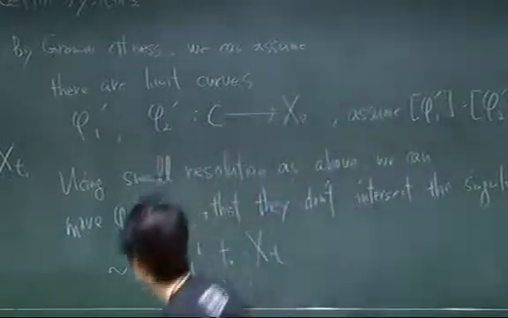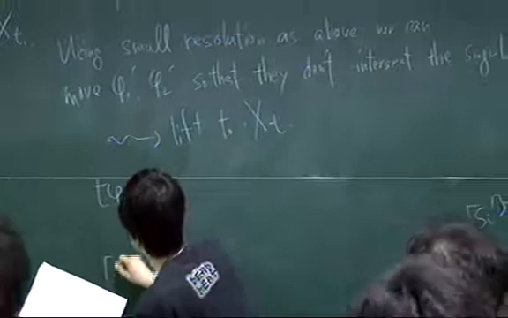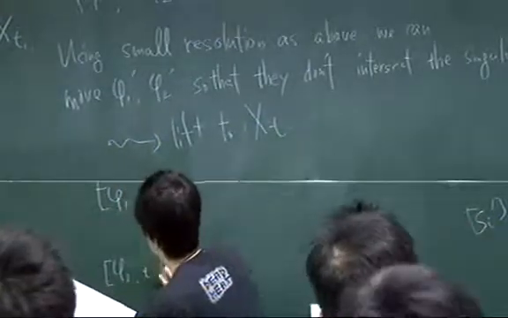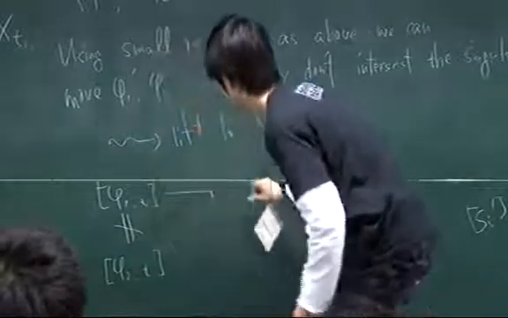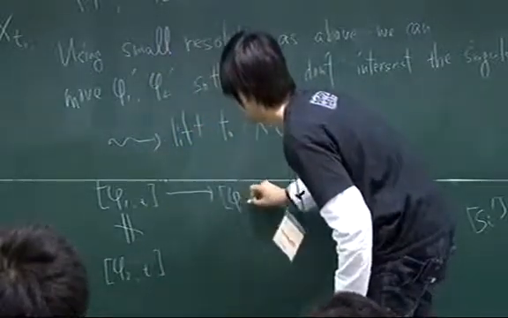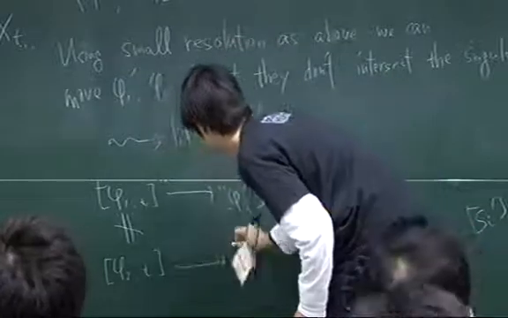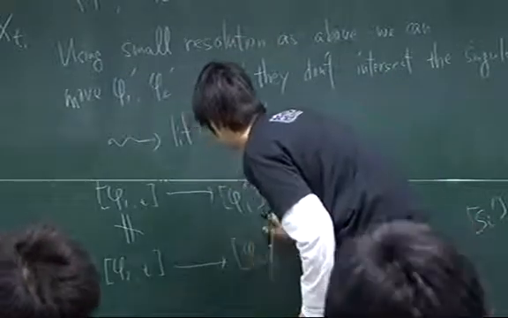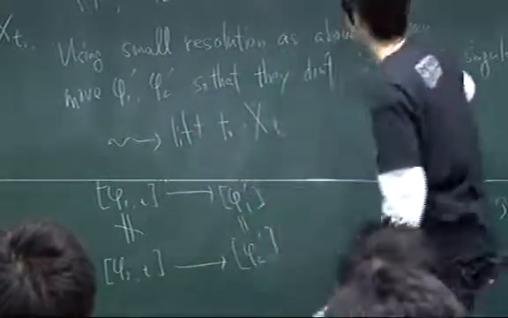But we started from phi 1t and phi 2t, and the homotopy classes are different, and we go to the limit curve. And we assume that this is the same.